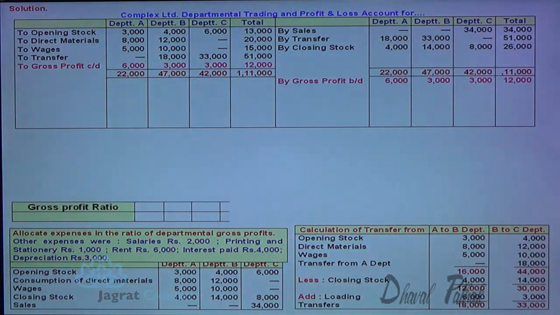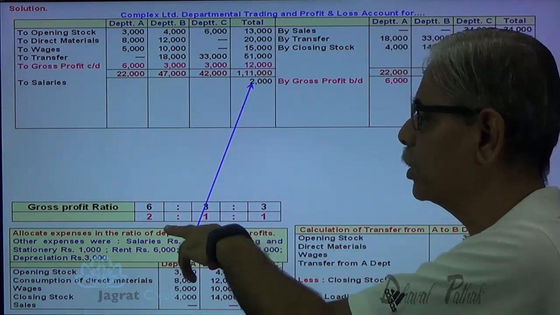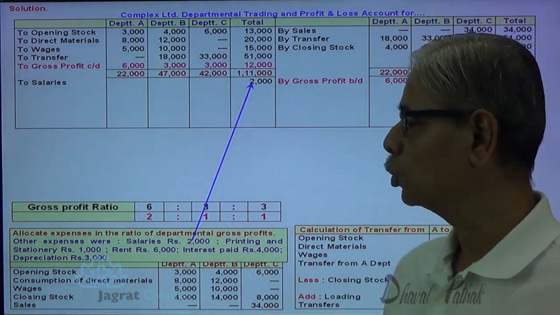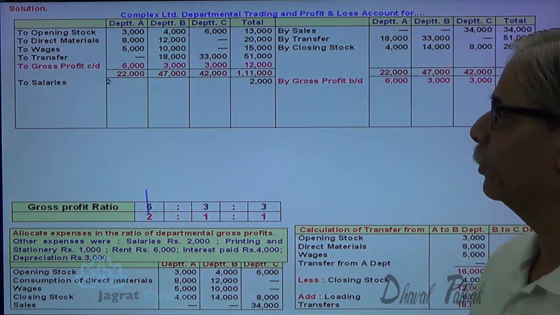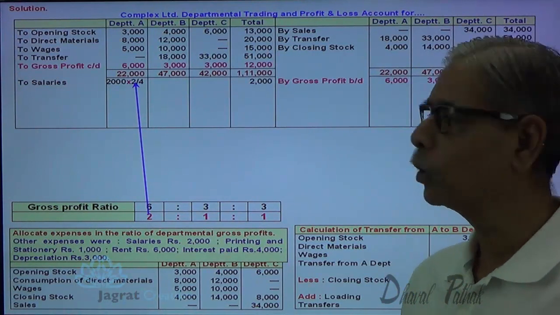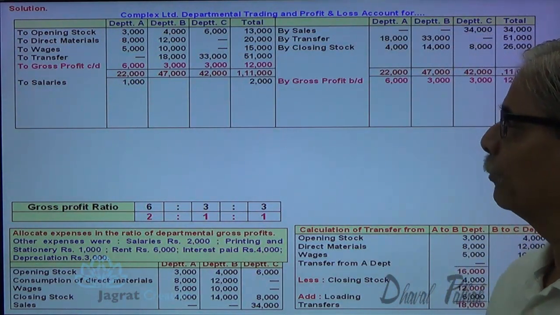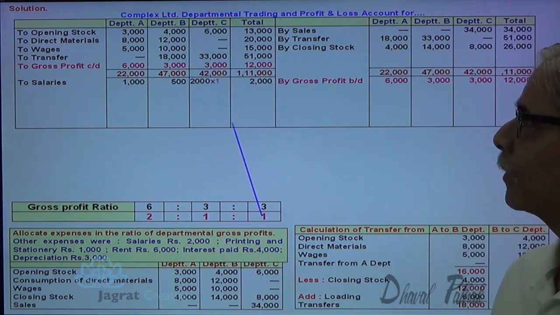Now let me work out the ratio of gross profit: 6,000, 3,000, 3,000. 6 is to 3 is to 3, that is 2 is to 1 is to 1. 2,000 distributed in the ratio of 2 is to 1 is to 1. So 2/4, 1/4 and 1/4. 2/4 means 1,000, 1/4 means 500 and 500.